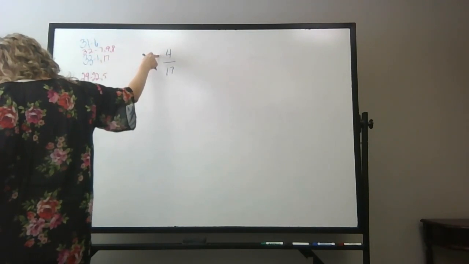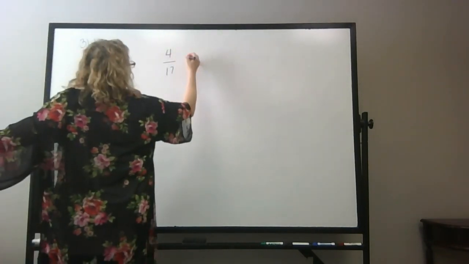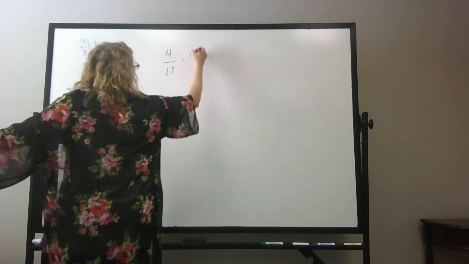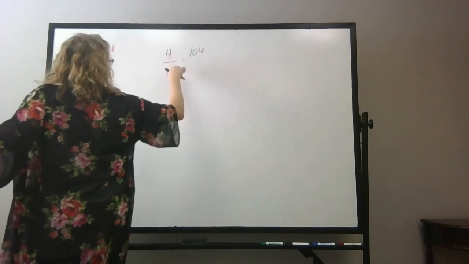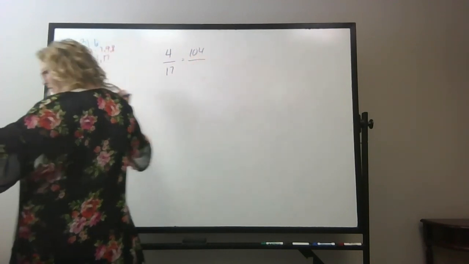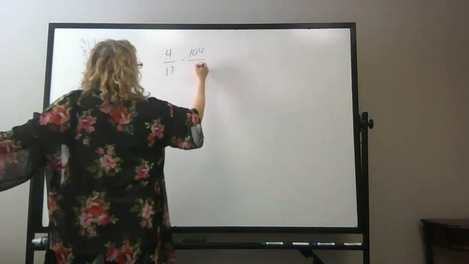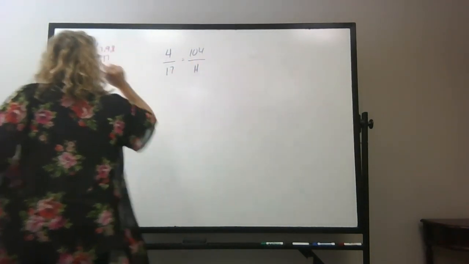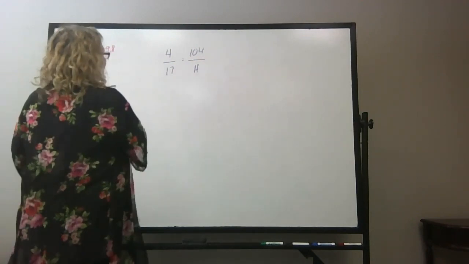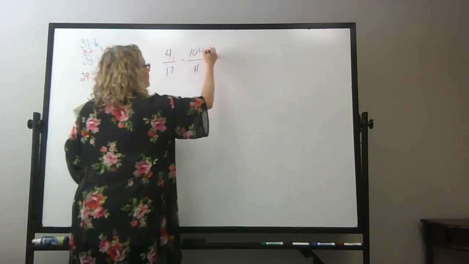So now they wind up saying if 104 Sybarites, so now I'm going to have the 104 up here. Here's my 4/17. And then I'm solving for this down here, which is going to be the hedonists that I'm solving for.